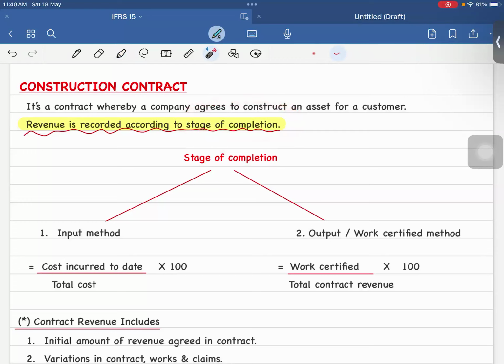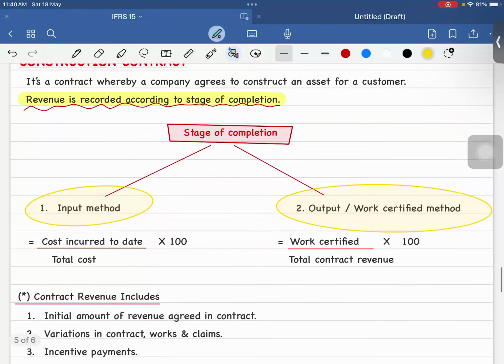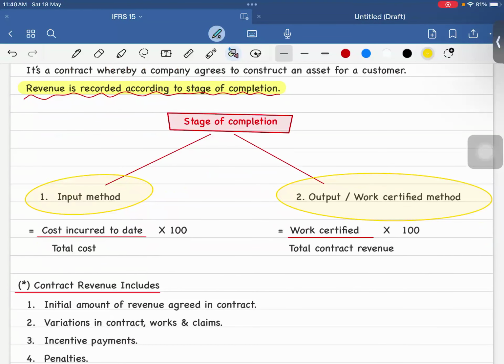Now, this stage of completion is going to be divided into two categories. The first category is the input method, and the second category is the output or work certified method. Under the input method, all you're going to look at is how much of the product has been used while the construction is taking place.